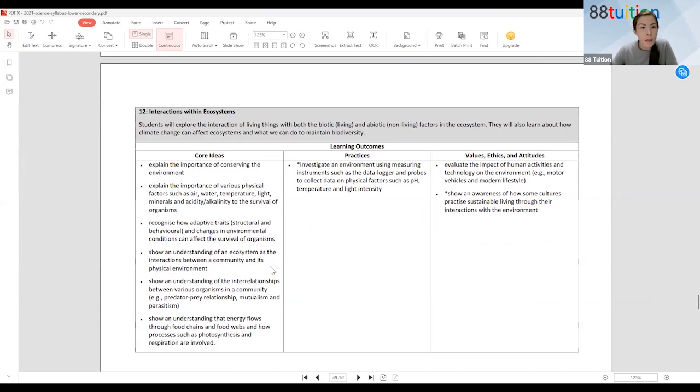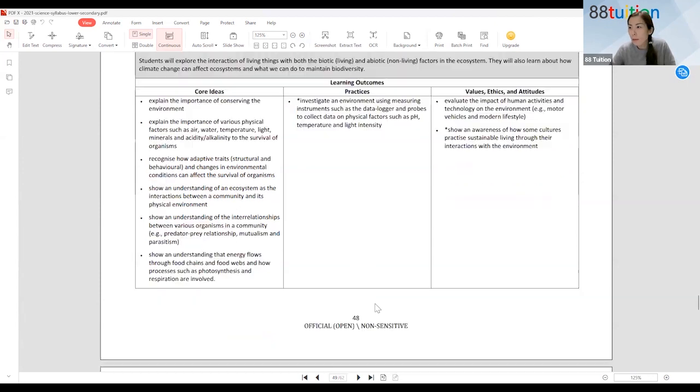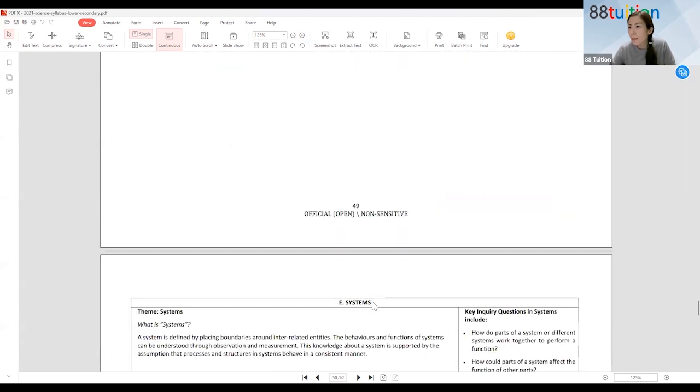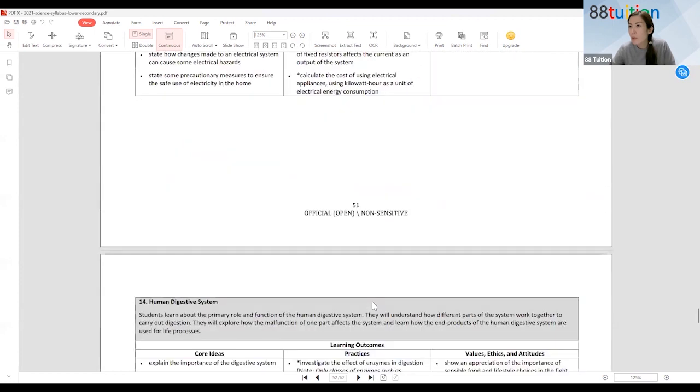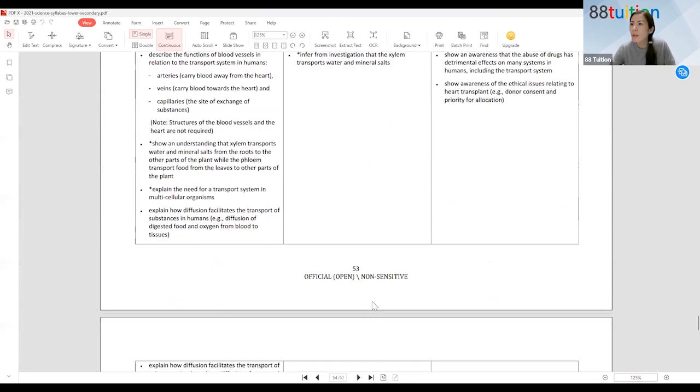Now, the rest of you, like Javier and Sherman, can you type in the topic your teacher is teaching now in school? Wow. So for Jocelyn, you're all doing heat now, right? Electricity is here. Digestive system.